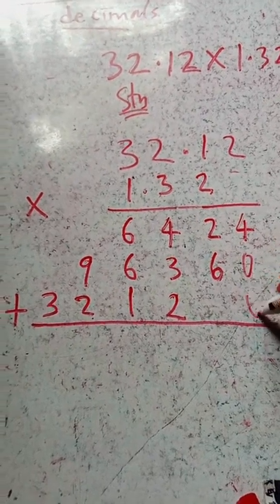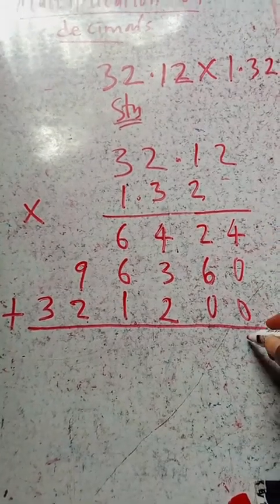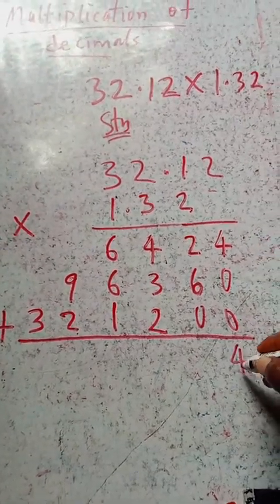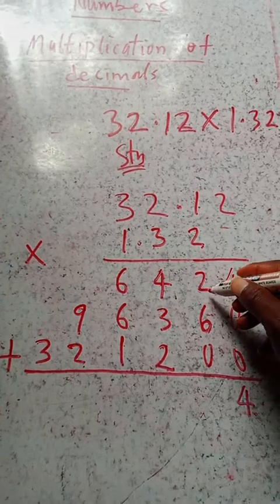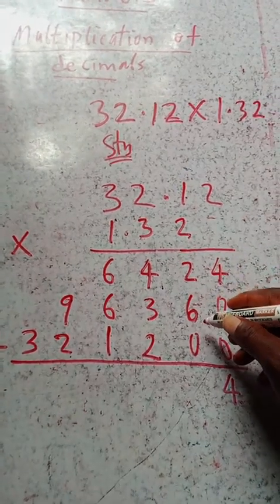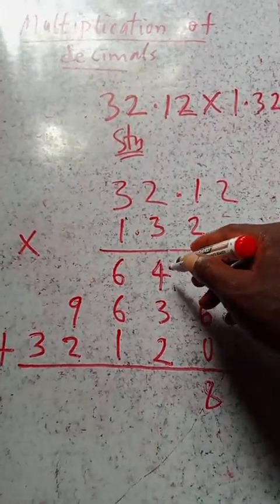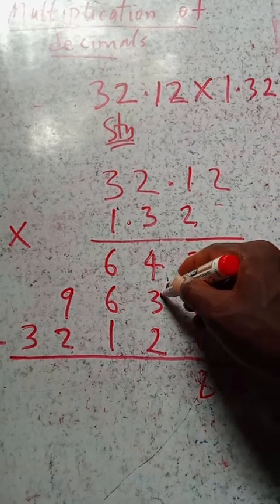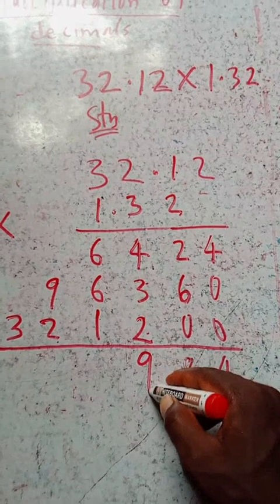When we are adding, this is 4 adding nothing and nothing. This is 0, this is 0, this is 0. So 4 plus 0 is still 4. Again, 2 plus 6 is 8, plus 0 is 8. And then 4 plus 3 is 7. 7 plus 2 is 9.